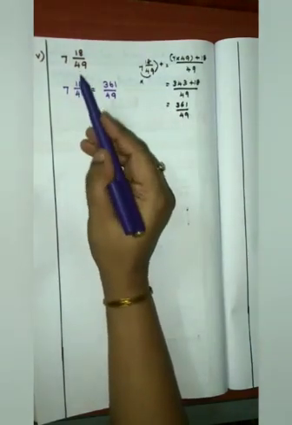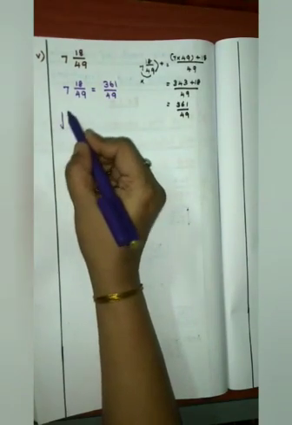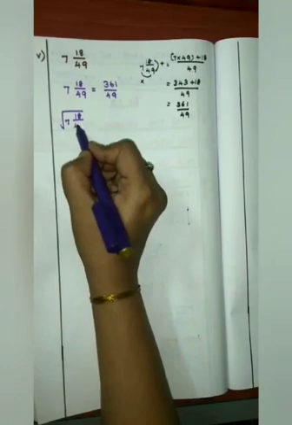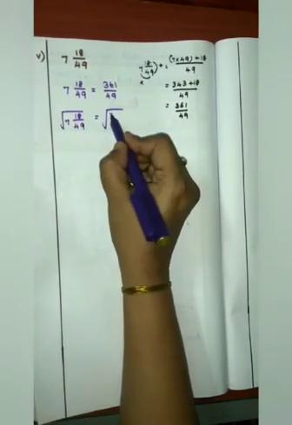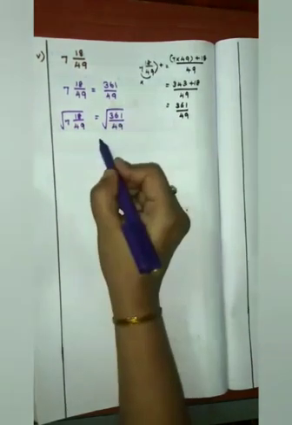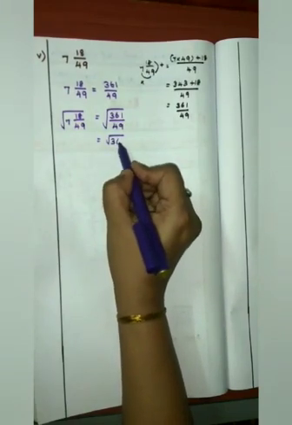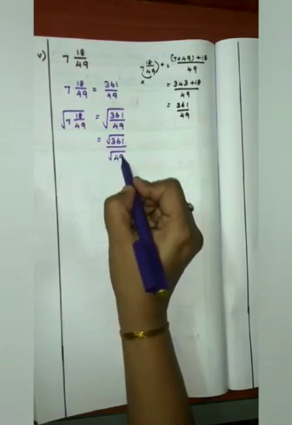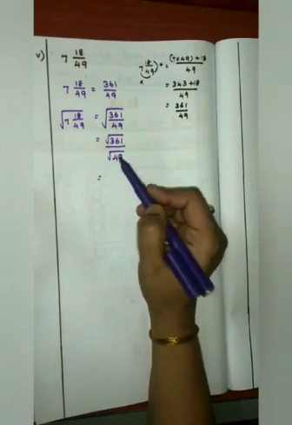Since we are asked to find square root, take square root on both sides. Square root of 7 18 by 49 equal to square root of 361 by 49. This can be written as square root of 361 by square root of 49. Now find the square root using prime factorization method.